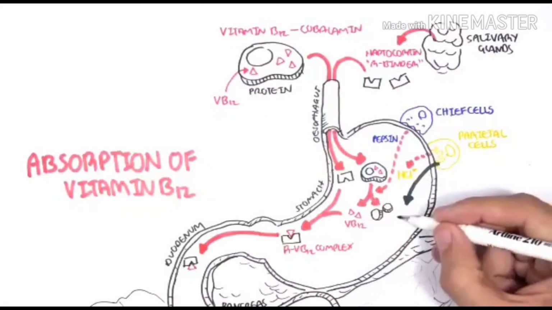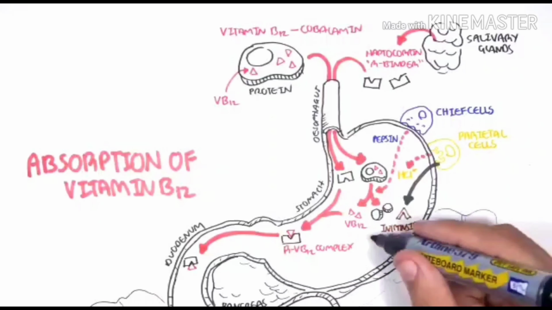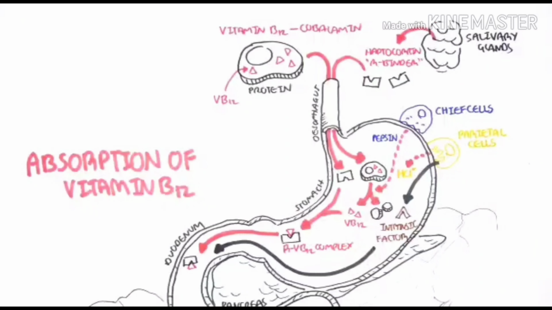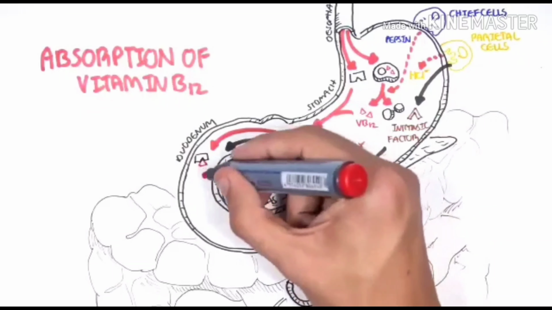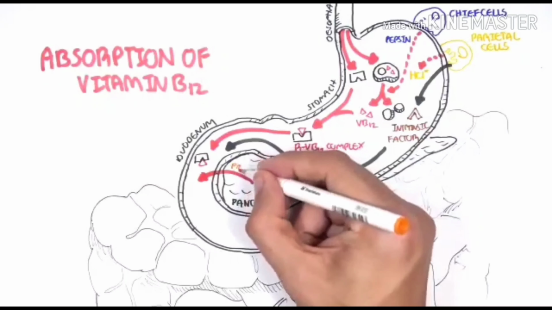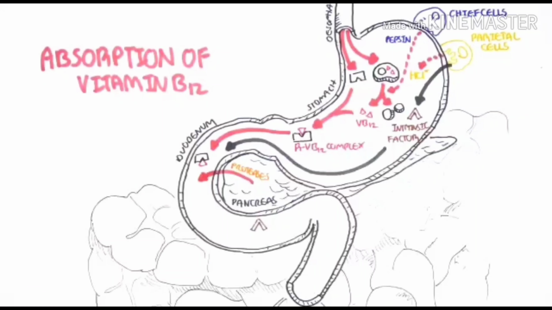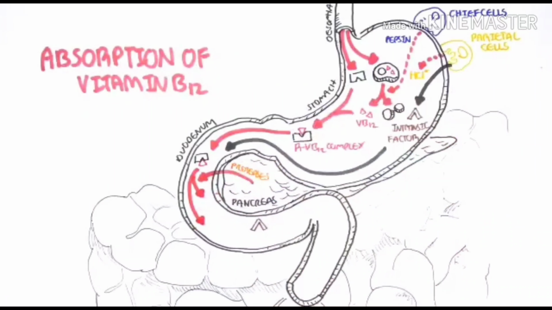Here the important factor is that the parietal cells also produce the intrinsic factor, an important substance which also travels along the duodenum into the small intestine. The R vitamin B12 complex which is passing through the duodenum mixes with the protease which is secreted by the pancreas.